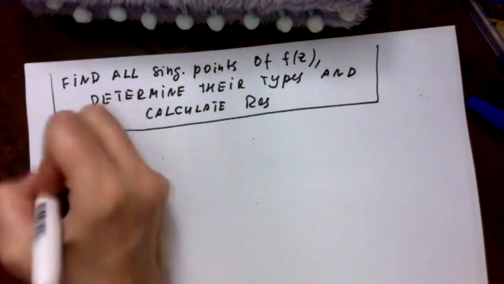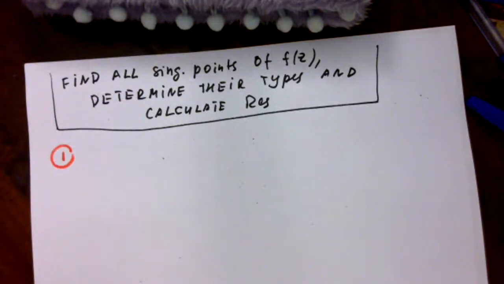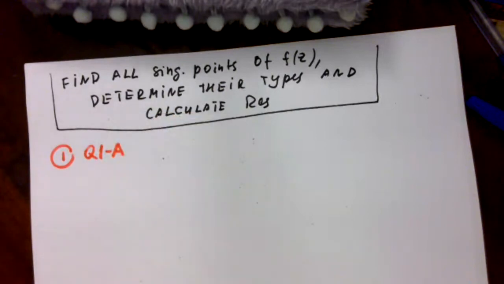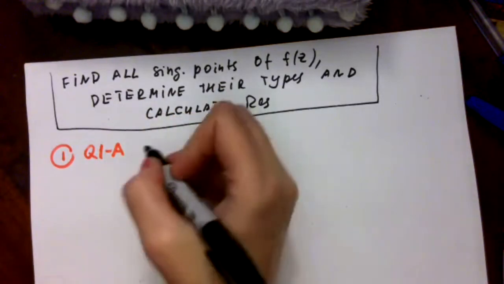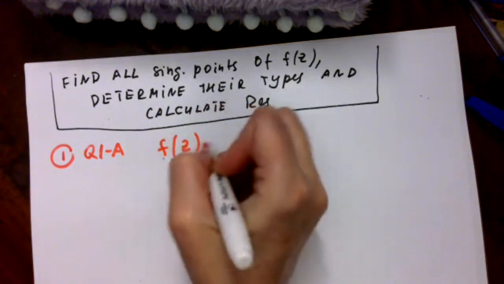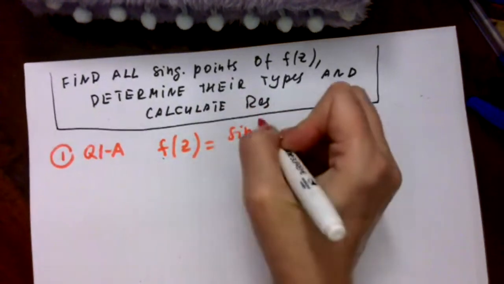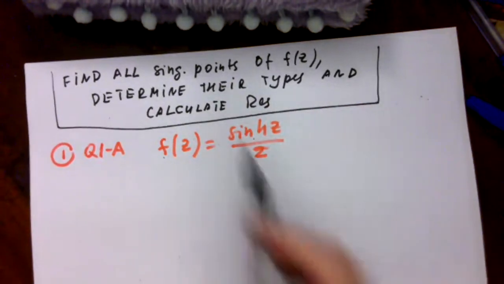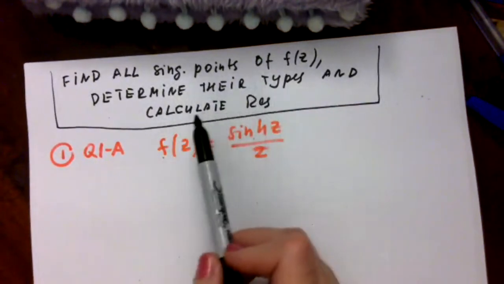I'm going to enumerate them again. The first example is actually question 1a from your tutorial sheet. I decided to spend it, to waste it. In this assignment, you are given a function f of z, which is hyperbolic sine of z divided by z. We need to do three assignments.